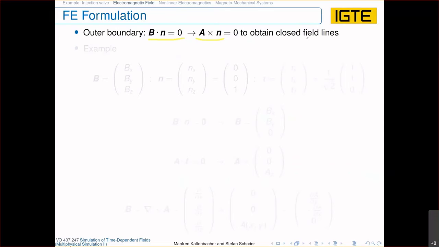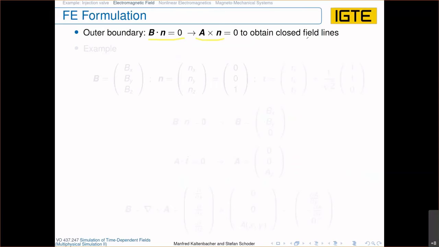Clearly, what we have to take into account, in magnetics we also have stray fields, so we also have fields within the air, and there clearly you should not limit your computational domain too strongly, otherwise you compress your physical magnetic field and the numerical computation will have a large error.